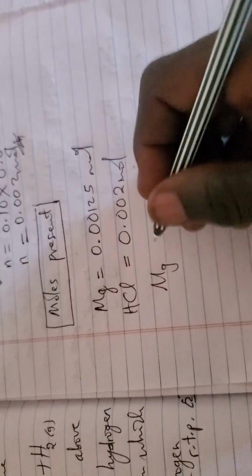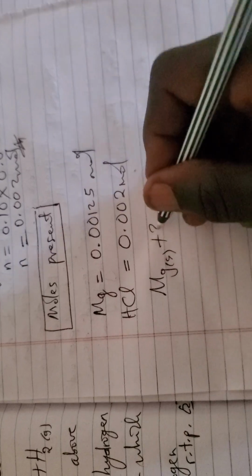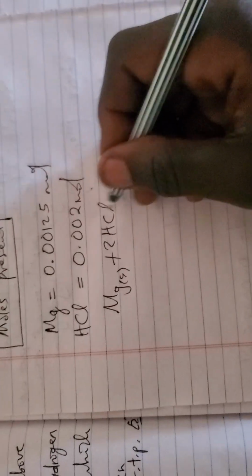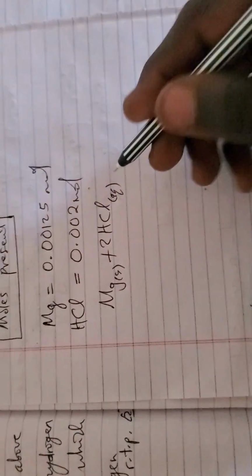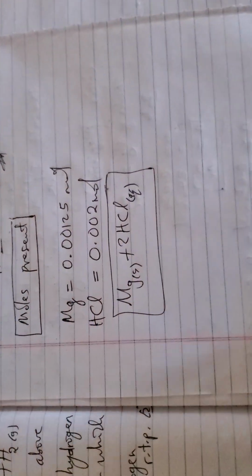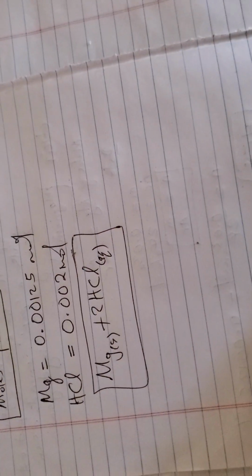Now let's go back to the equation. Magnesium plus 2 hydrochloric acid aqueous. We just need these two; we are not interested in the results. So here, let's check.